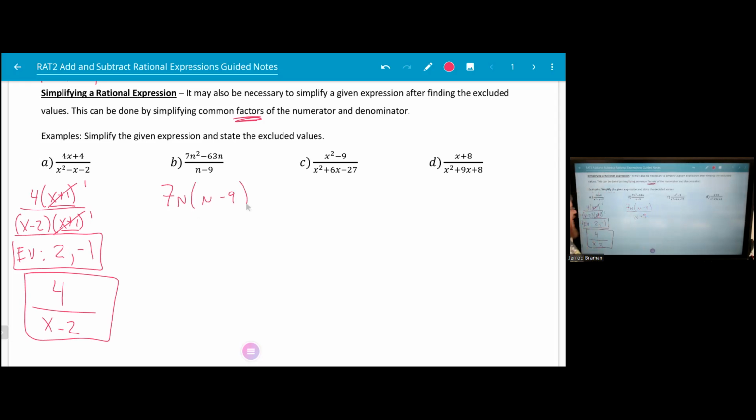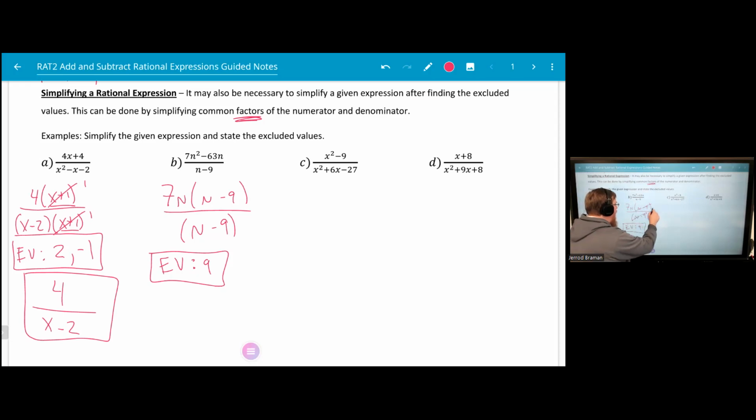N minus 9. And it's at this point I can take my denominator and say, oh, hey, denominator, I have an excluded value. My excluded value is when n equals 9. If I set that equal to 0, that's what would happen. And now I look to simplify. I have n minus 9 divided by n minus 9, which is 1.